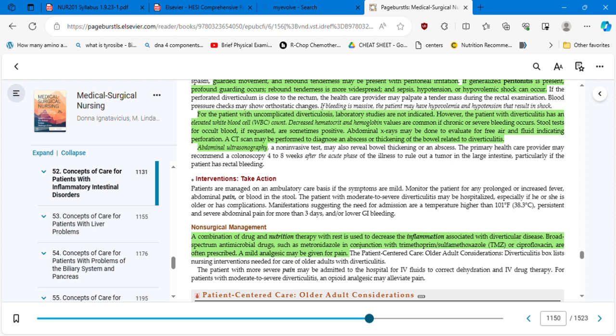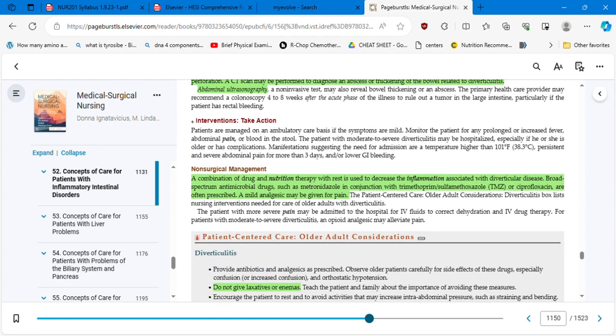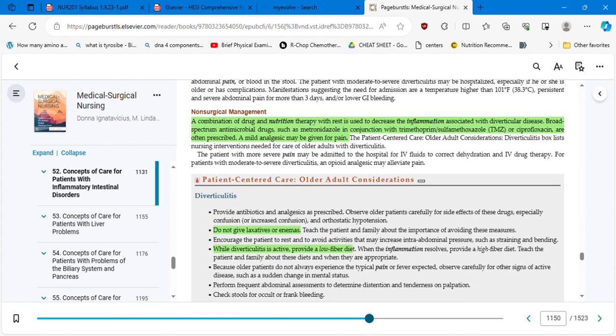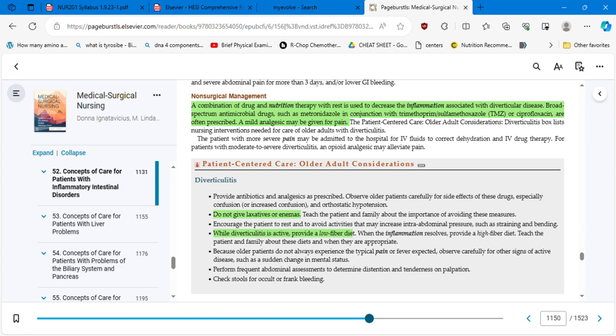Also, abdominal ultrasonography. Non-surgical management, part of the interventions: a combination of drug and nutrition therapy with rest is used to decrease the inflammation associated with diverticular disease. So basically it's the symptoms that we are treating, right?